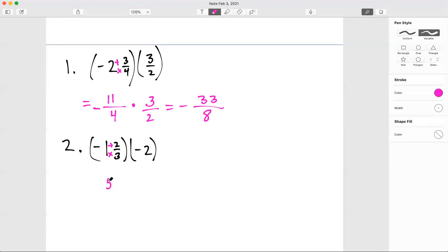And so we have a 5 on top. The 3 stays on the bottom, same denominator. And then negative because the thing is negative.